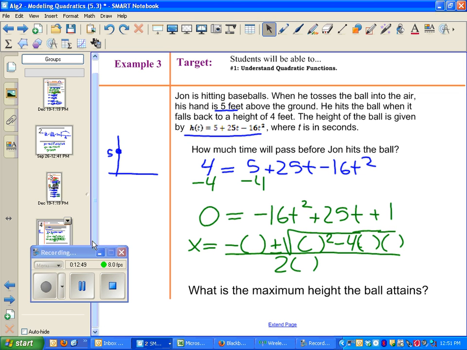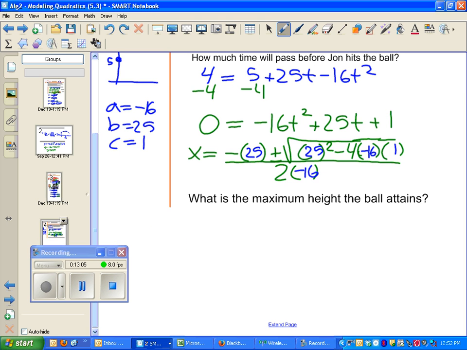And then with my triple challenge, a is equal to negative 16, b is equal to 25, and c is equal to 1. So I have 25 here, 25, negative 16, c, and negative 16. Right? And then we'll find the maximum height in a little bit.